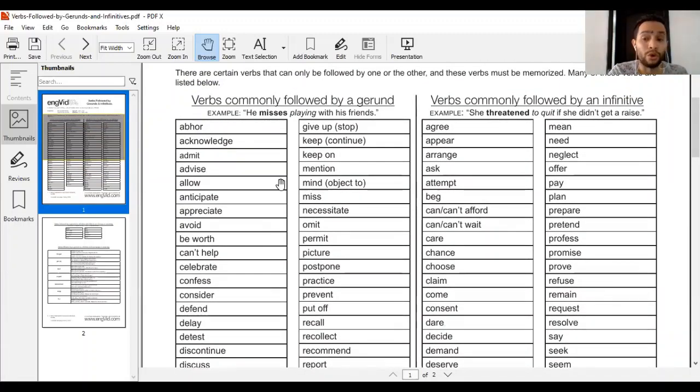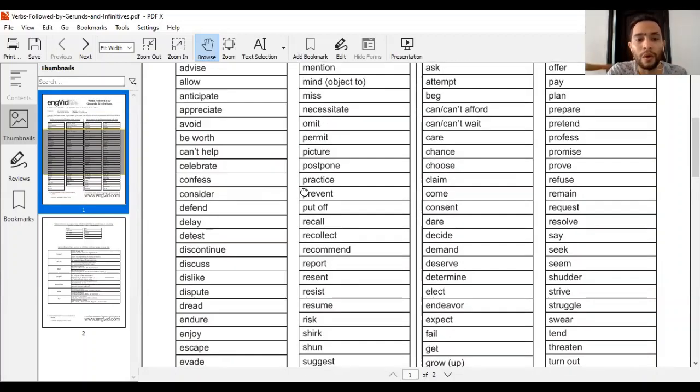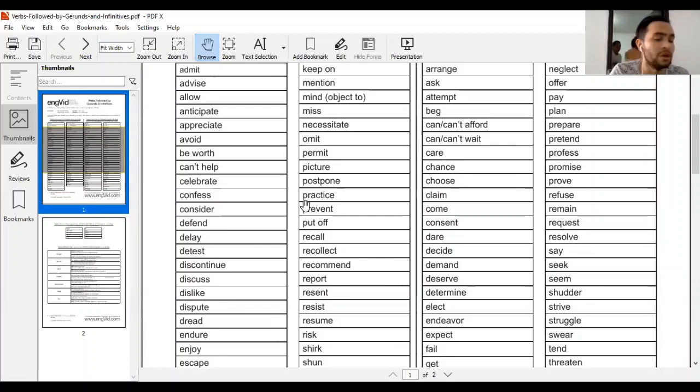Your homework, your personal task, is going to be that with each of these verbs right here, make a sentence like in the example we have right here. He misses playing with his friend, or he enjoys watching television, right?